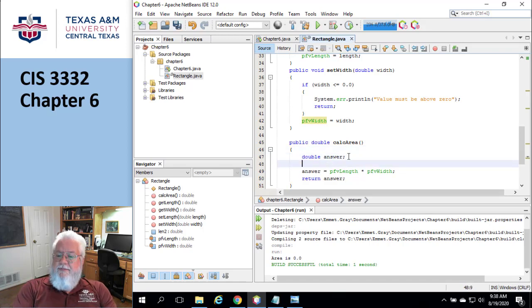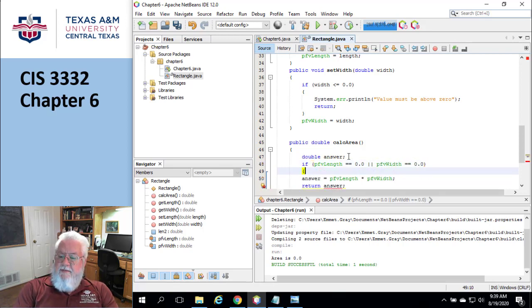So let's put in an if statement that basically says if pfv length is equal to 0 or pfv width, dang, I can't type, is equal to 0, then we want to spit out an error message.